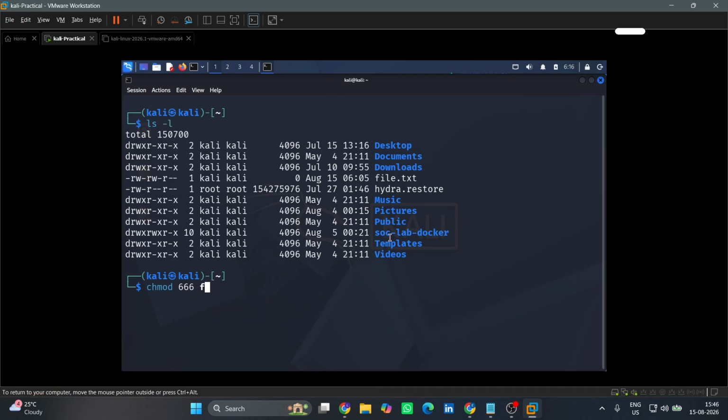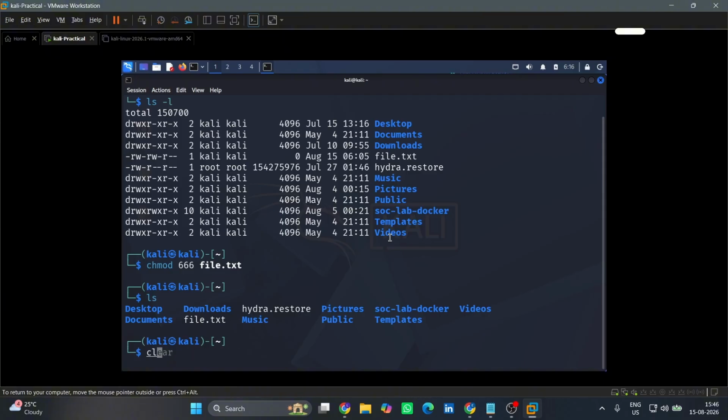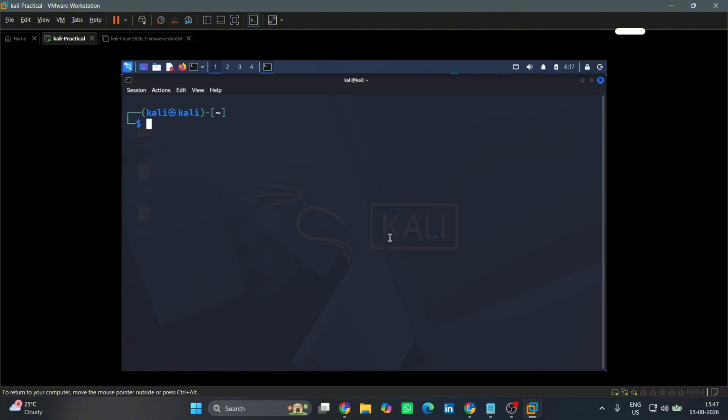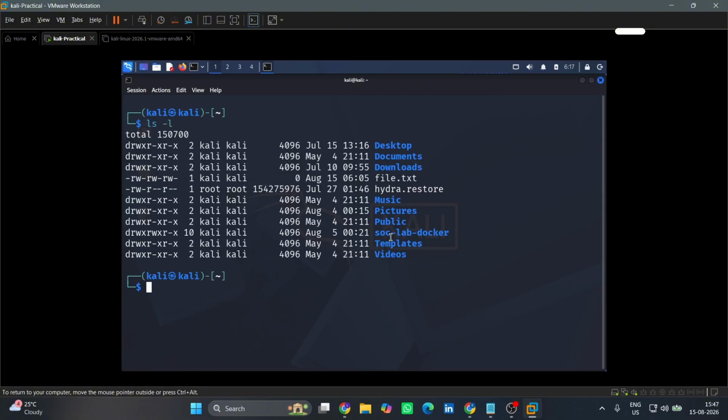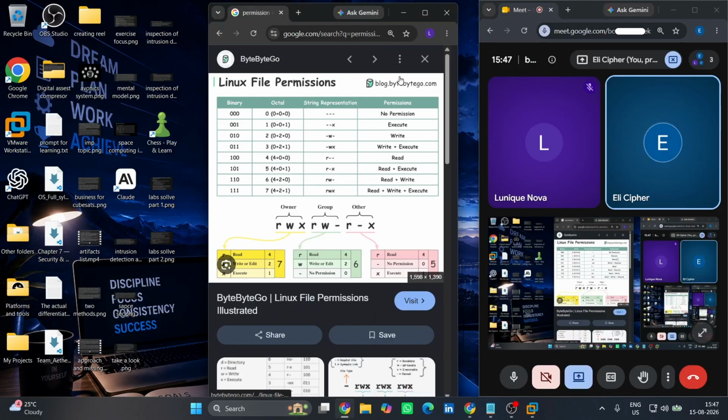Now the name of the file.txt. We have modified it. ls -l. Now you can take a look that the section rw- means the section of other users also has the permission to write as well, right?